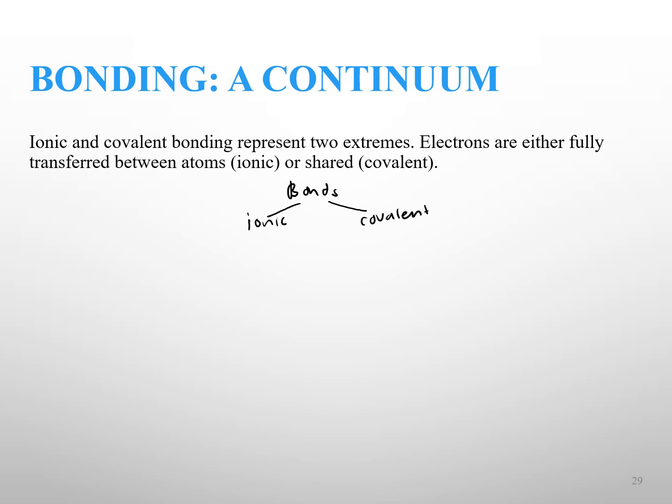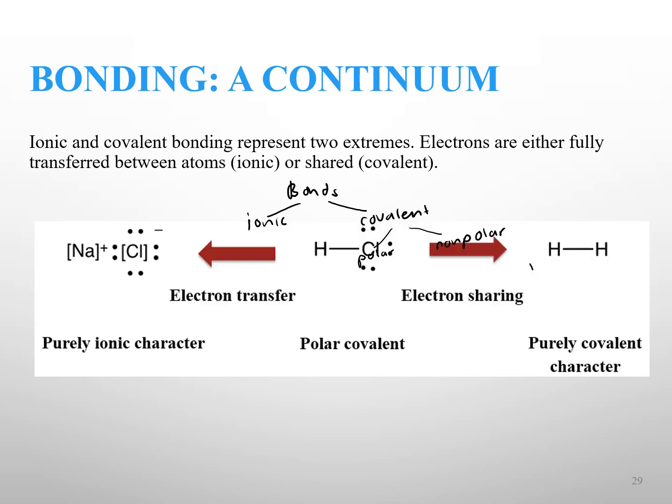Under covalent, there are actually another 2 categories: polar covalent or non-polar covalent, also called pure covalent. They call it the same thing. So that's where it goes here. I have to erase what I just wrote there, to make sure we know where the categories are.